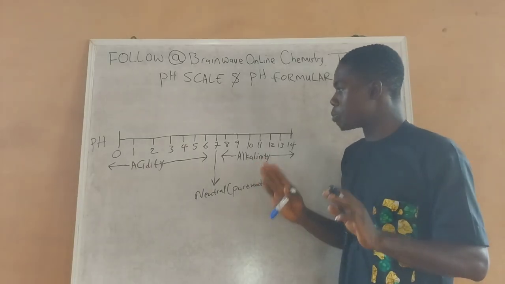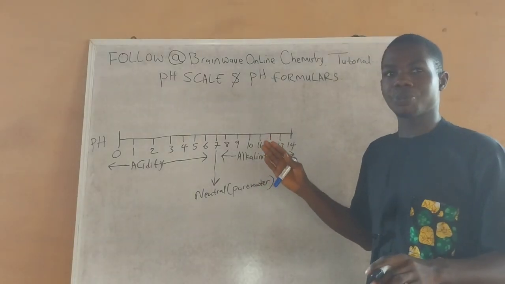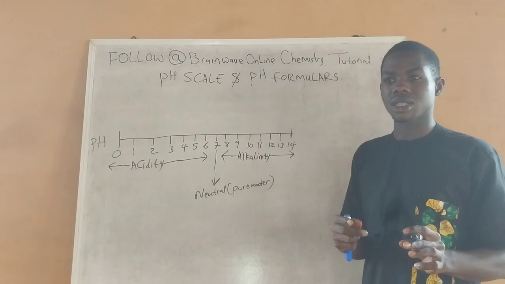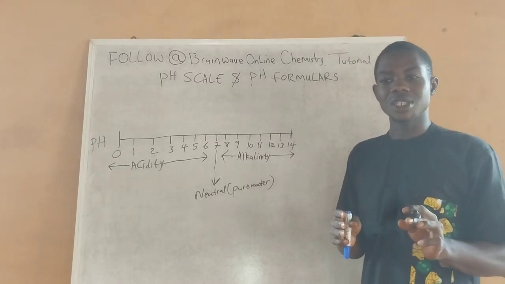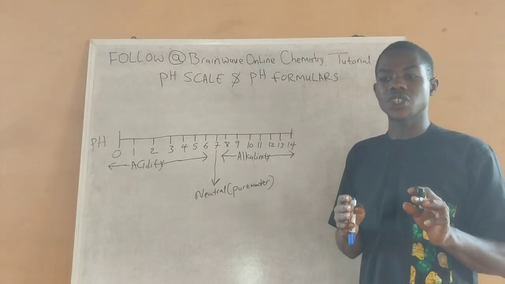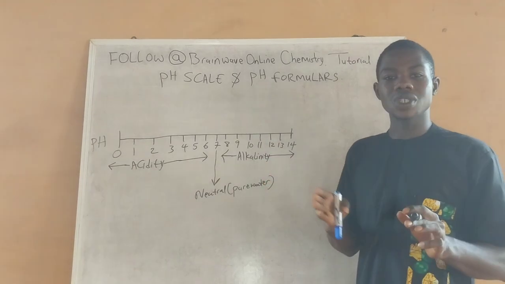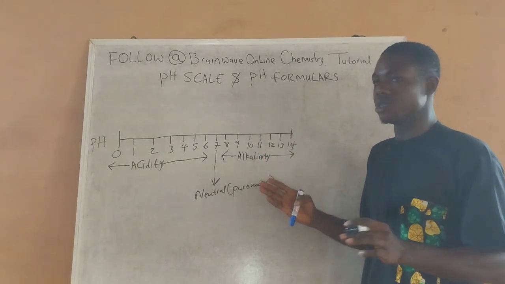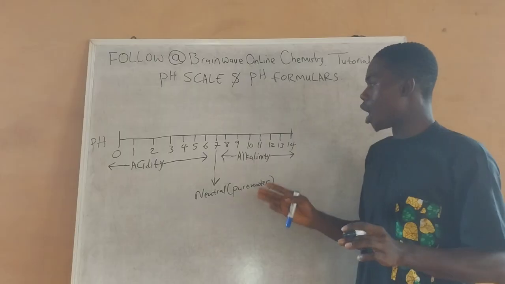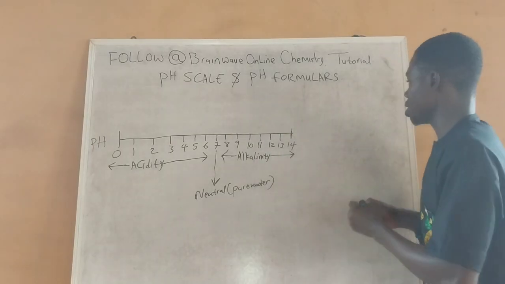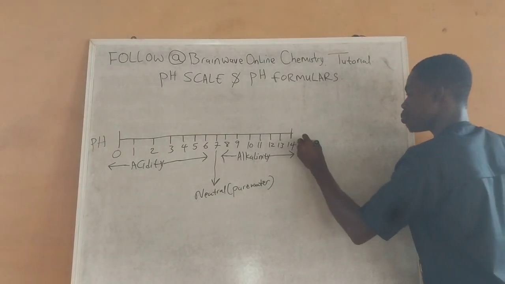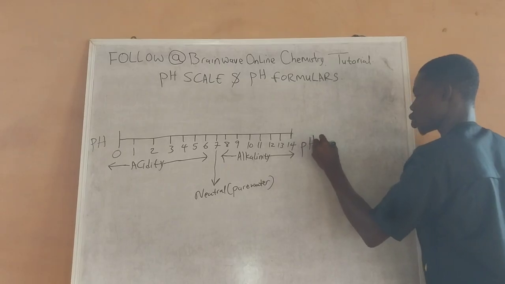Now, moving on from here, I'll be revealing some pH formulas to us. For those that are new here, that have not watched my previous videos on pH calculation, please take note of all these formulas I'll be revealing right now. So I'll be listing them on the board. So here it is. pH equals what?